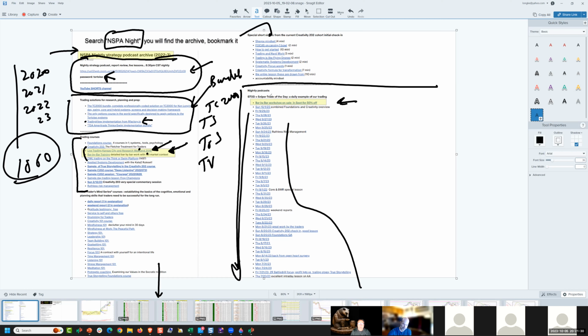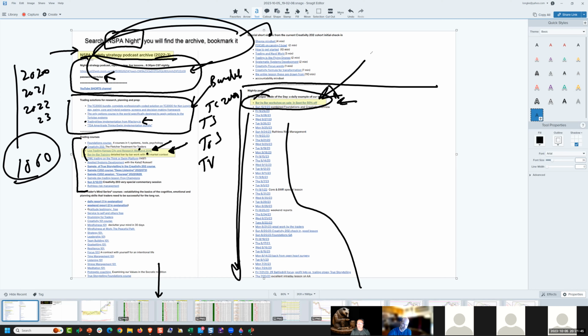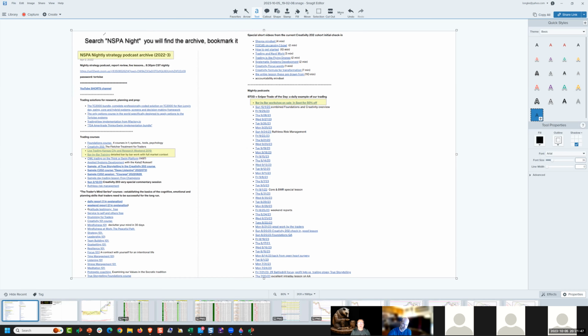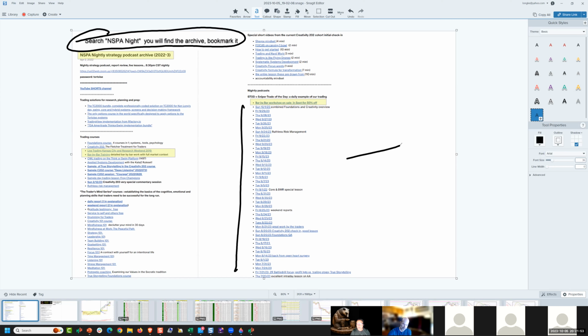And at the very top of that is the bar by bar workshop on sale for 50% off. Now, when you ask me where the link is to buy that workshop, that tells me that you don't know that that archive exists. So what you need to do tonight is find that archive and bookmark it so that you can stay current with all of the nightly strategy podcasts.